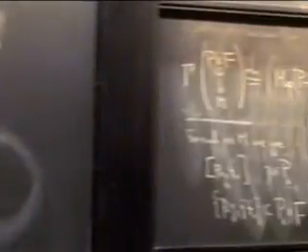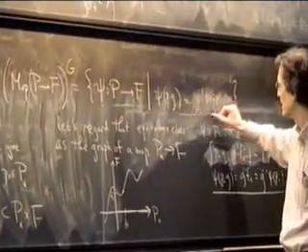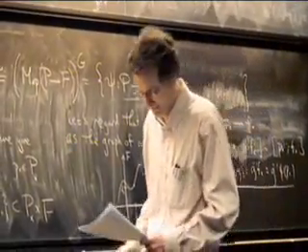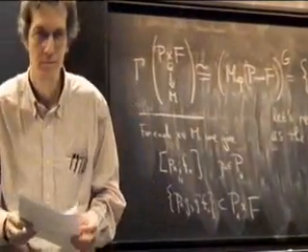The sections of the associated bundle are equivalent to the equivariant functions from P to F which satisfy this equivariance condition. Are there any questions?